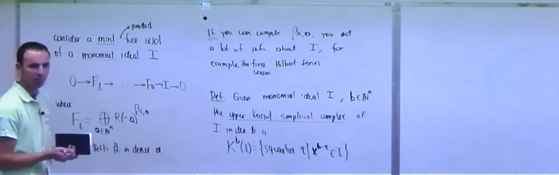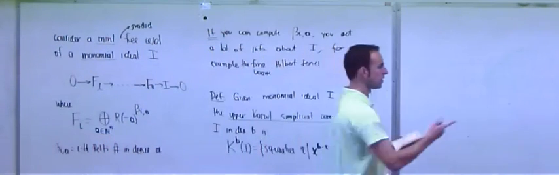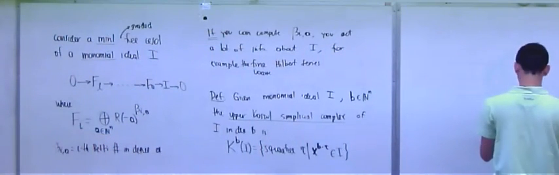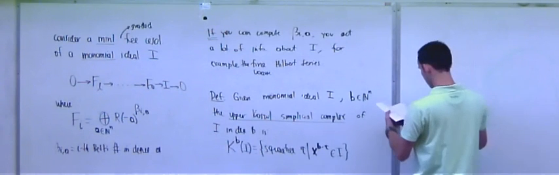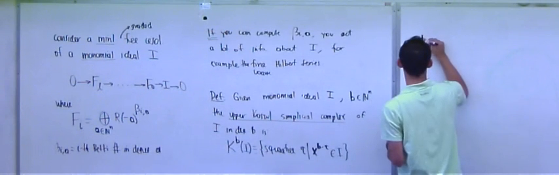So let's see an example of what this looks like. So let's do it for this ideal and for this b. So what does this guy look like?